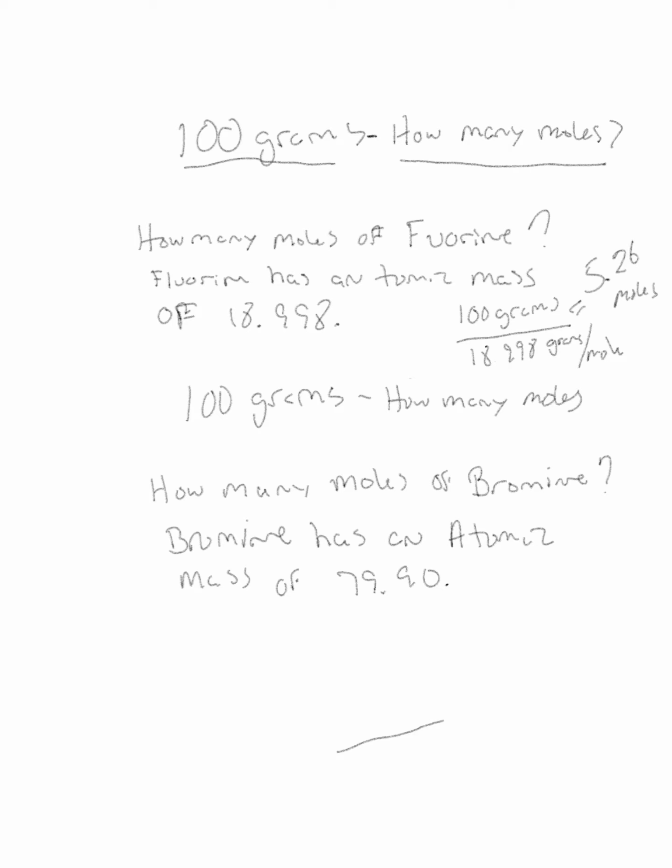Now let's say we have 100 grams of bromine. If we look at the atomic mass of bromine, it's a lot bigger. 79.90 is the atomic mass of bromine, which is the molar mass in grams.